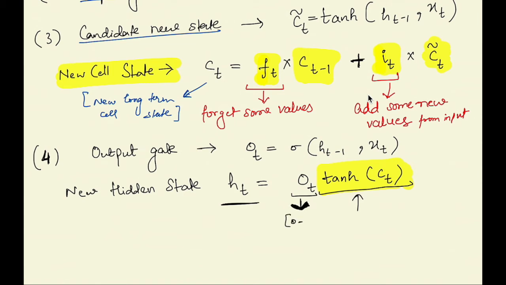This is again a value between 0 and 1, and it again depends on our current input xt and our previous hidden state ht-1, and then we pass it through a sigmoid function. So basically ht is simply the long-term state, scaled down by a factor of ot, which lies between 0 and 1.